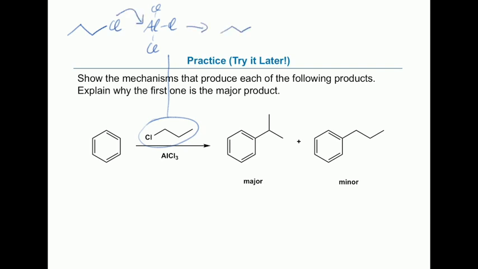You can draw this as a coordination complex initially, where we have a formal bond between these, where we now have a negative charge on our aluminum due to our formal bonding arrangement, and positive here, which then fractures to give you a primary carbocation and our anionic aluminum.